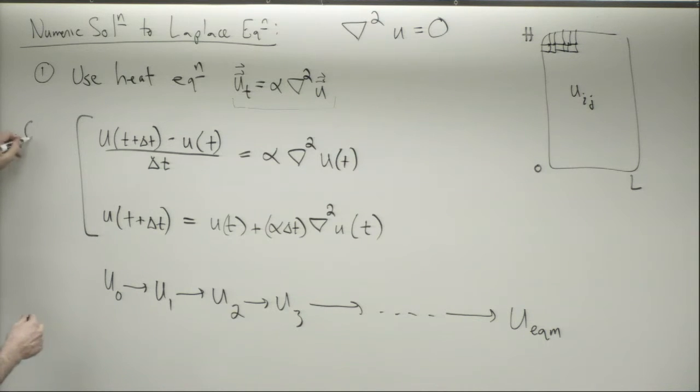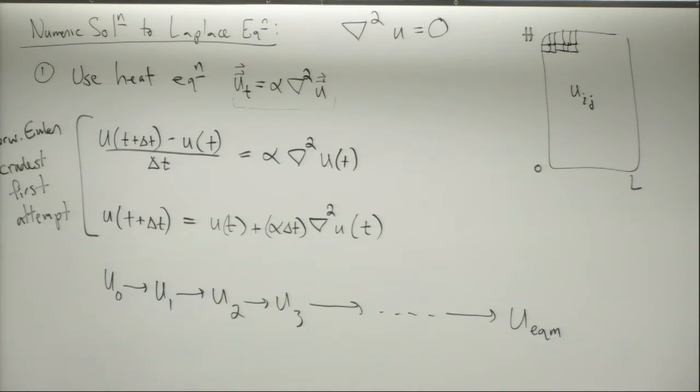So forward Euler is the crudest thing we can try. But it's going to work, which is kind of cool. Okay, does this make sense?